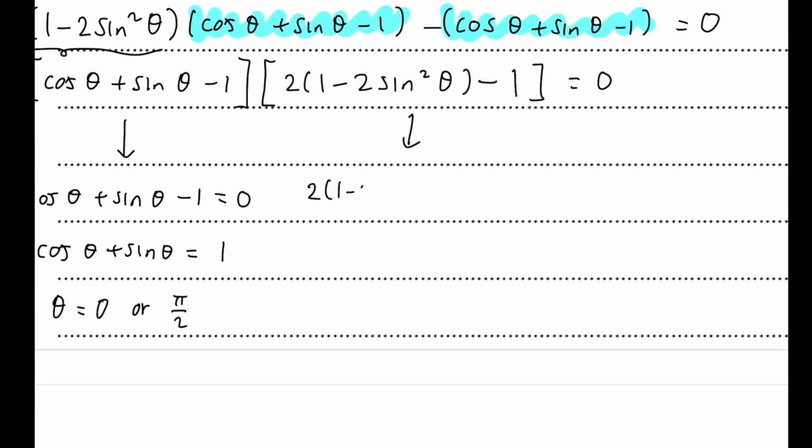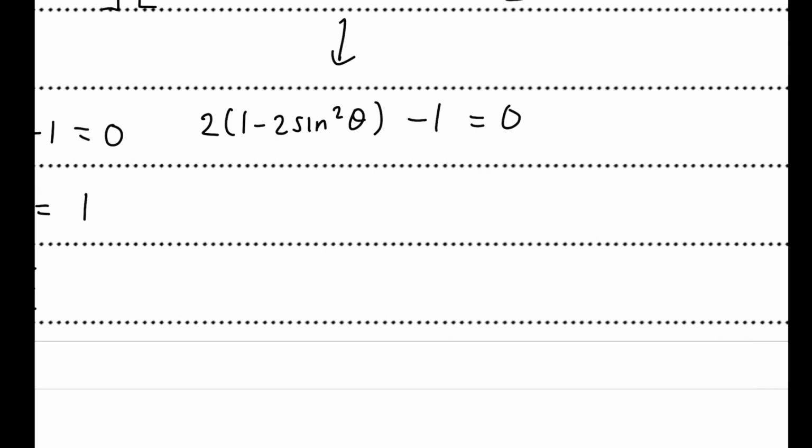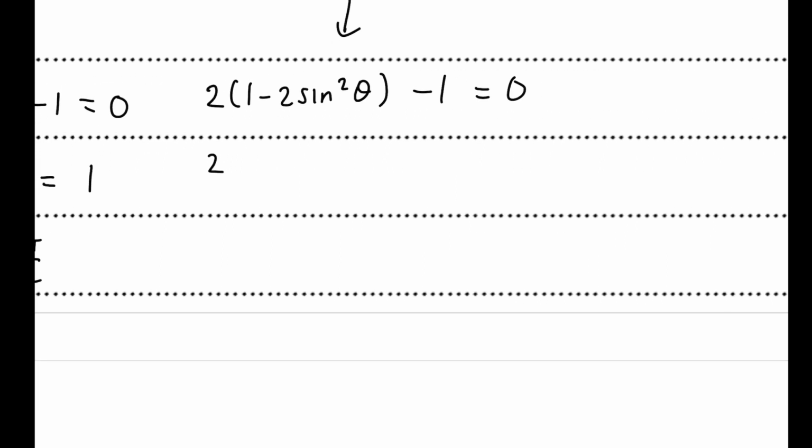2 times 1 minus 2 sine square theta minus 1 equals to 0. So that gives us 1 minus 2 sine square theta equals to 1 over 2. Oh, very hard to read. Let me move it first. 1 minus 2 sine square theta equals to 1 over 2.